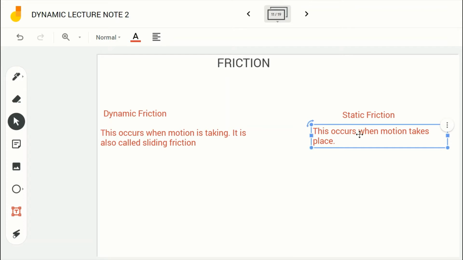While static friction is the friction that occurs before motion takes place. Static friction resists motion, while dynamic friction resists sliding. So please take note of these two terms.